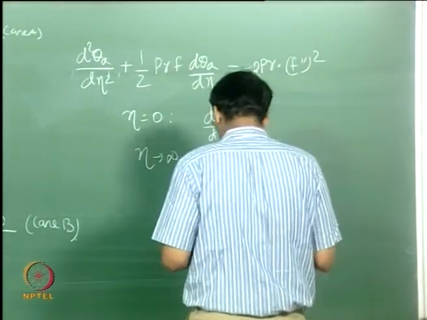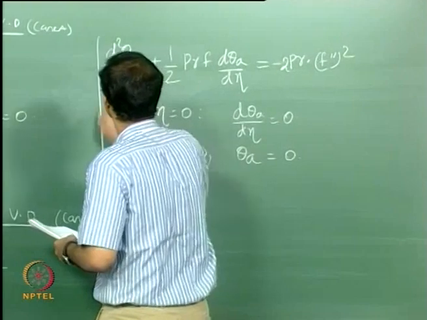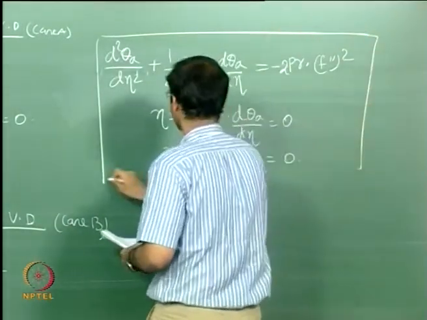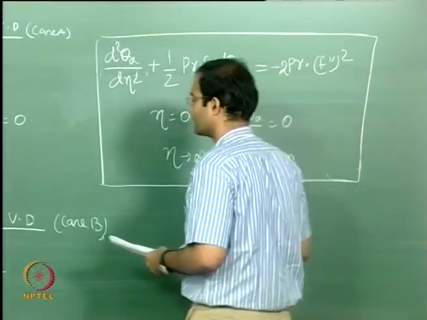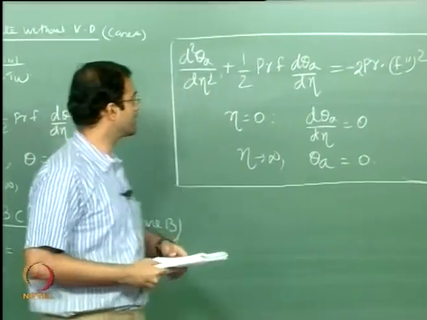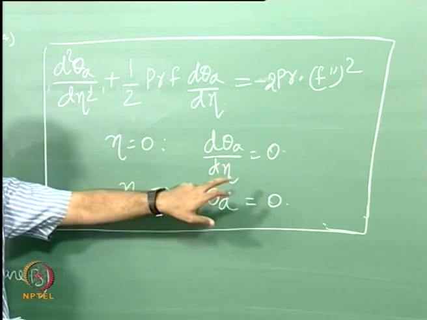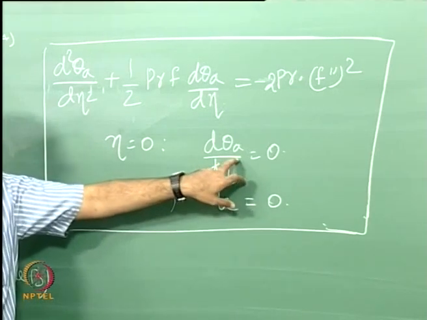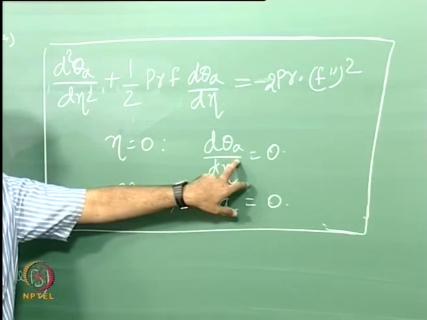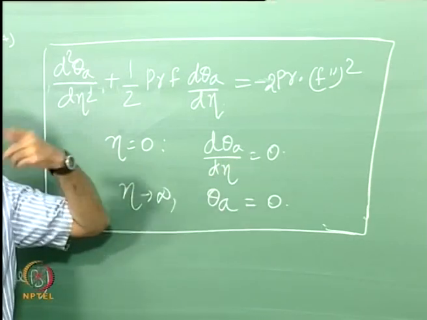Now this can again be solved by the shooting method, right? This is another ODE which you can write as two first order ODEs. Of course you don't have the boundary condition for theta at eta equal to 0, so you can guess it.